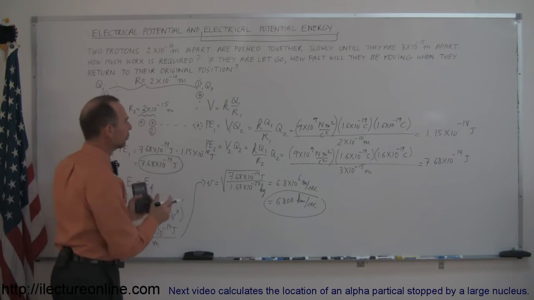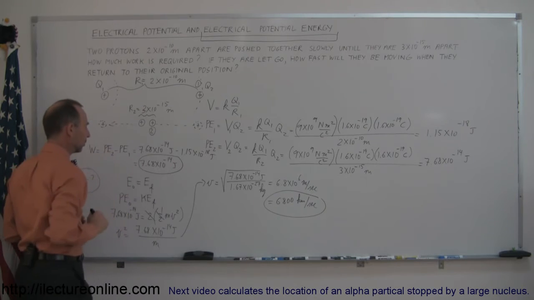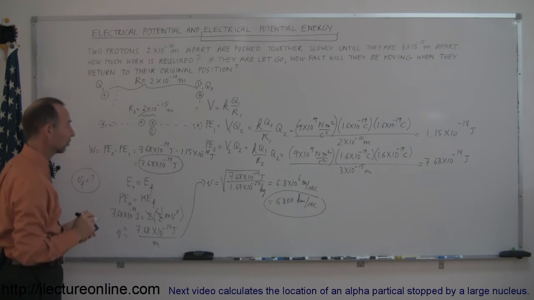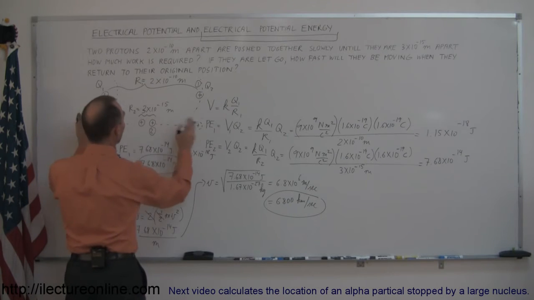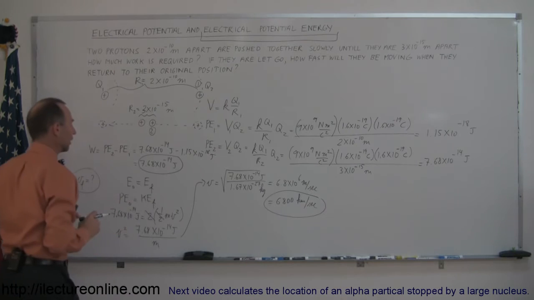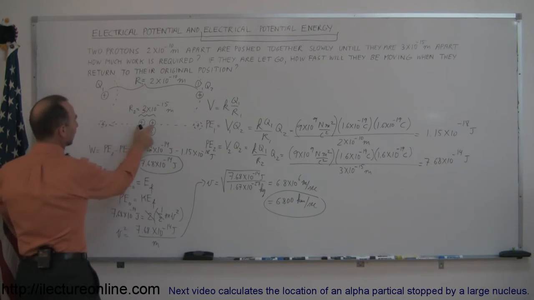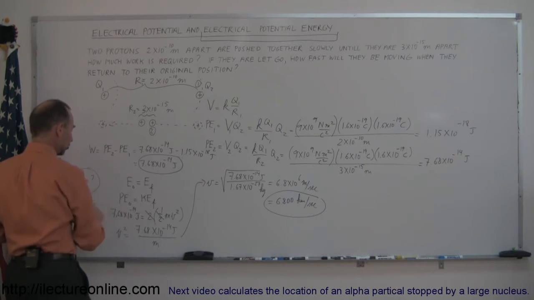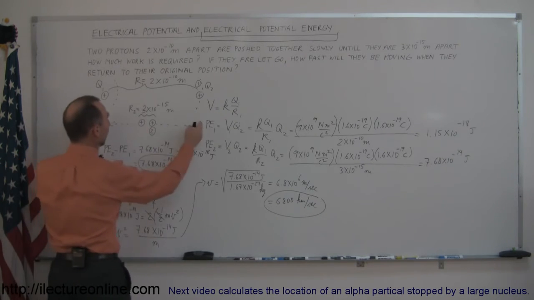The difference between the two is the work that's required to bring them this close together, so we simply subtract the two potential energies. Then for the second part of the problem, if we let them go and they fly out in both directions, how fast are they moving when they're situated there? Well, what we can say is that the original energy they had by being this close together, the potential energy initial, which we calculated over there, will now be converted to kinetic energy when they're over here.